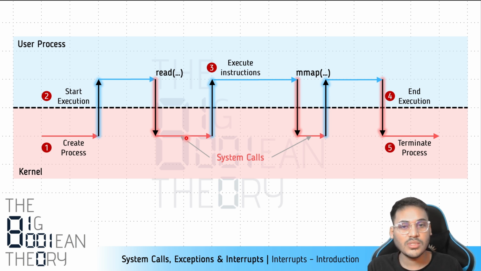Here the interrupt that the user process has raised is requesting the operating system to perform a system call. Which system call? The read system call. The operating system will execute the read system call, which will read some data from some file. So this is how a system call is a software interrupt.